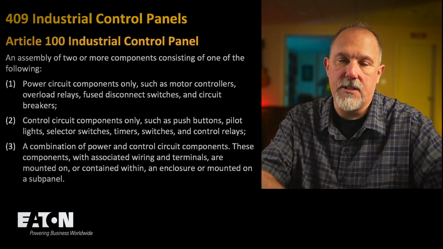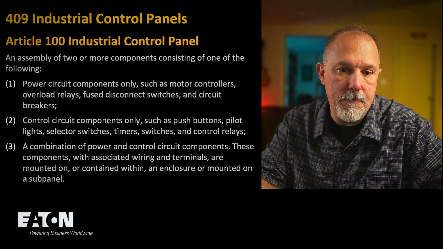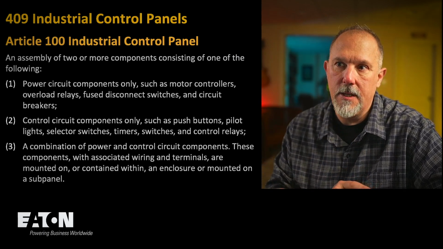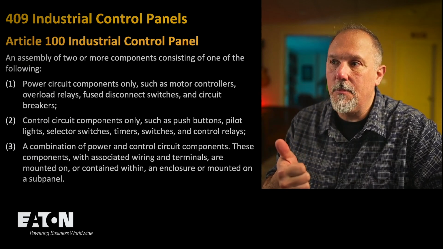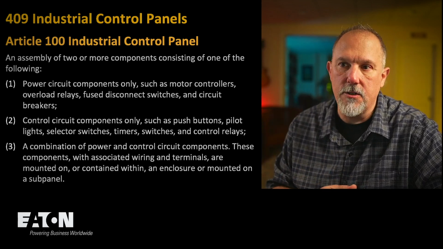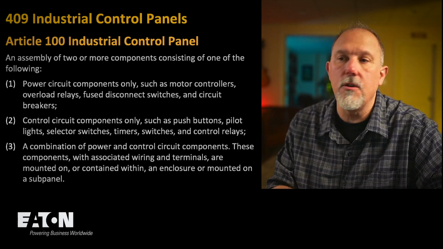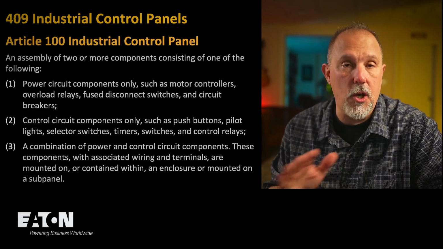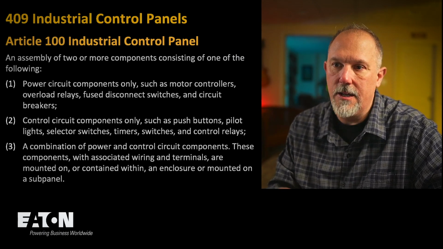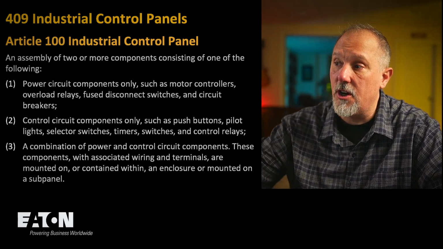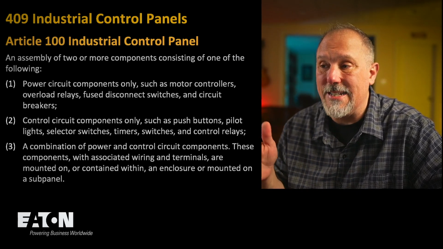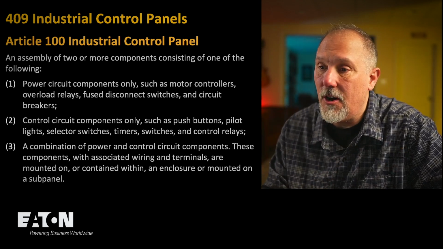Article 100 tells us that an industrial control panel is an assembly of two or more components consisting of one of the following: 1, power control components only, such as motor controllers, overload relays, fuse disconnect switches, and circuit breakers. 2, control circuit components only, such as push buttons, pilot lights, selector switches, timers, switches, and control relays. 3 is a combination of power and control circuit components. The components with associated wiring and terminals are mounted on or contained within an enclosure or mounted on a subpanel.